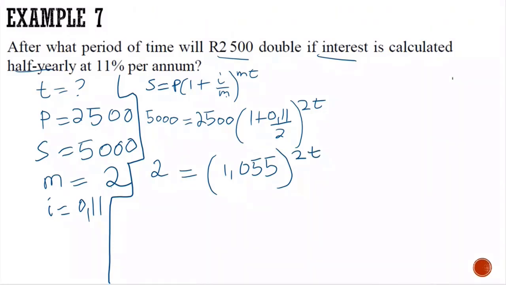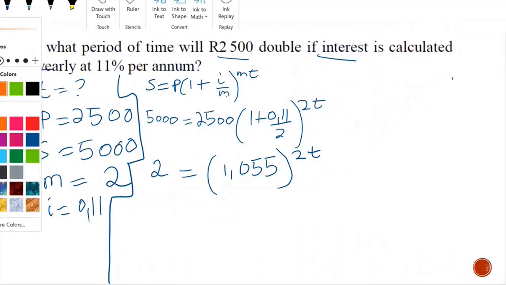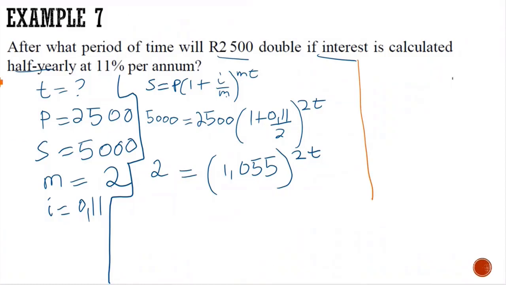Okay, this is an exponential. I'm going to get out of this discussion and go to logs. We know that if you've got y equal to a to the power x, this is pure logs. It's an exponential equation. So if you want to solve an exponential equation, you use the log rules.